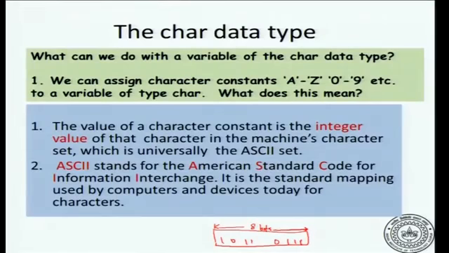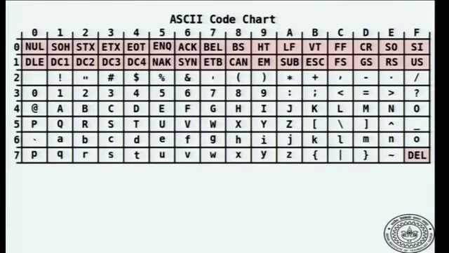ASCII stands for American Standard Code for Information Interchange, and it is one of the popular encodings for characters used in computers. The code chart looks something like this. You have 256 characters, and the characters can be looked up in a table.